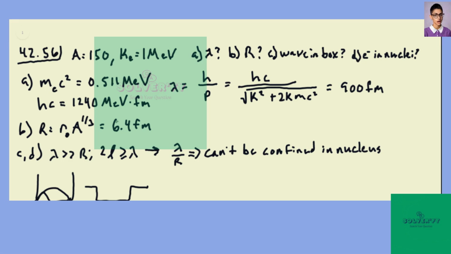In this case, we have like 12 femtometers here as the diameter, which is just way less than 900 femtometers. So there's no way you can fit this into a box this size. And so this very strongly implies that electrons don't live in the nucleus.